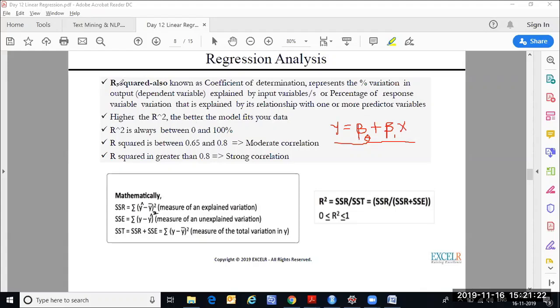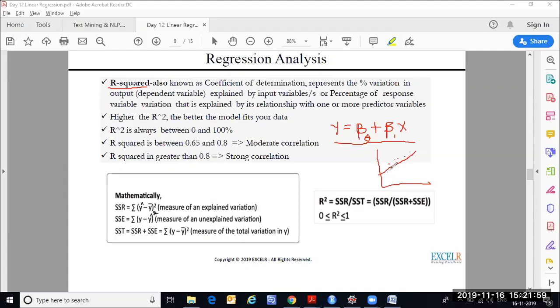That's where in both R and Python, you can make use of this measure called R squared value. This R squared value tells you how many actual data points are falling on the line that you are drawing as a best fit line, meaning the percentage of the data points existing on the line.